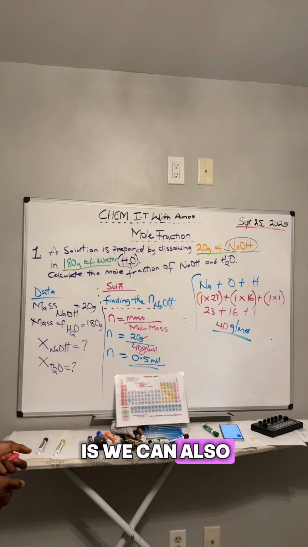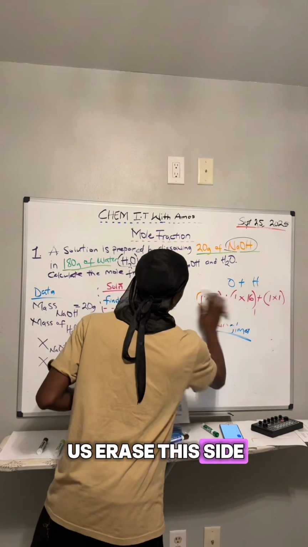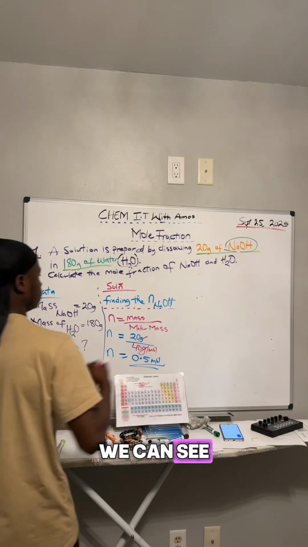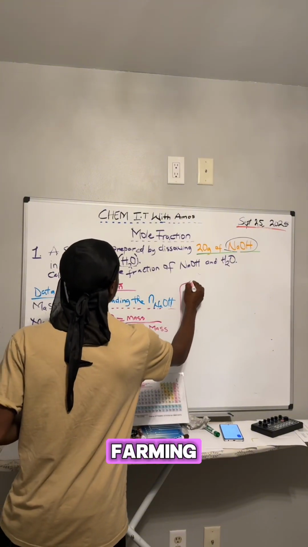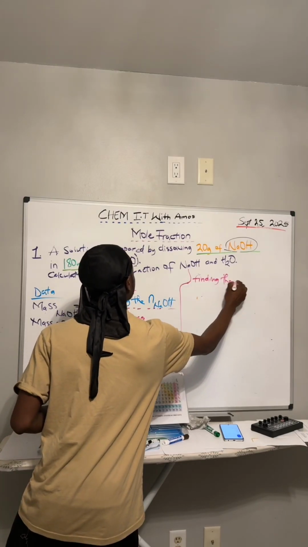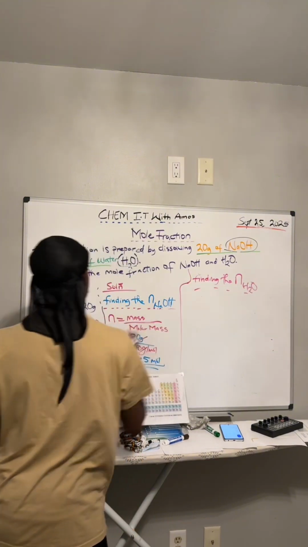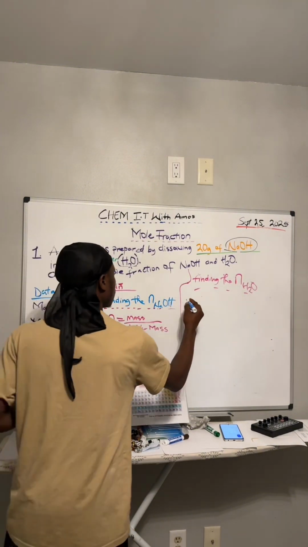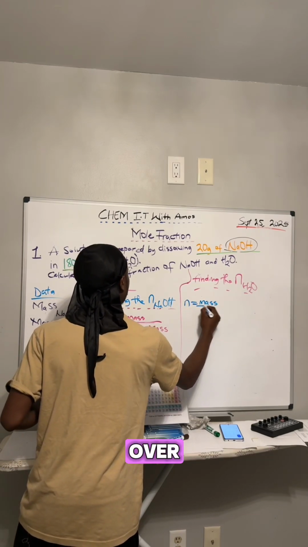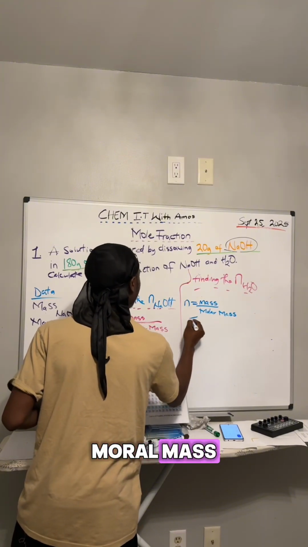The next step is we can also find the mole of water. To do that, let us erase this side. Finding the mole of H2O, we say mole is equal to mass over molar mass.